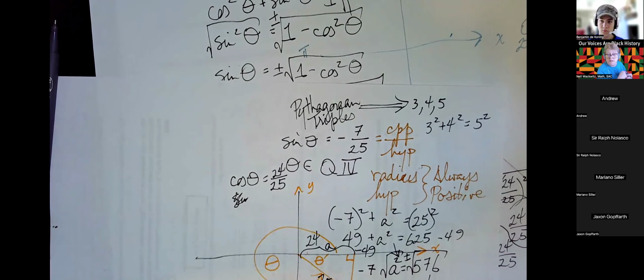So we've got 3, 4, 5, and we've got 7, 24, 25. And it doesn't matter what the signs of the two smaller numbers are, because when you square it, you're going to get a positive.